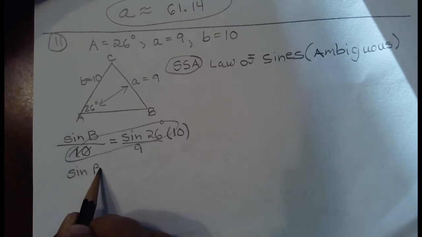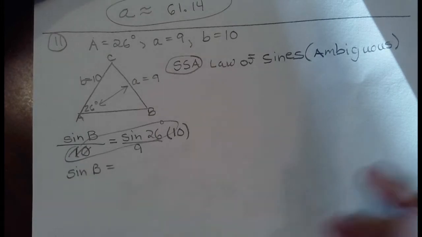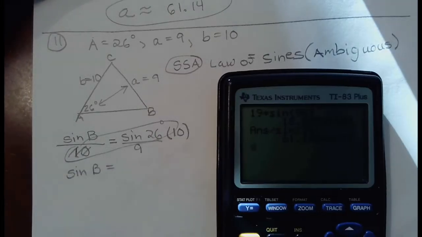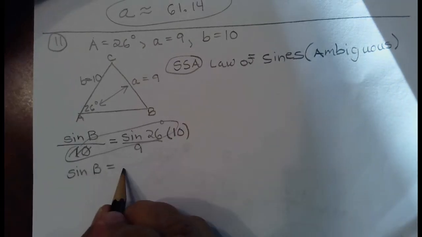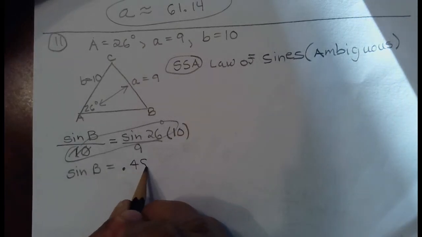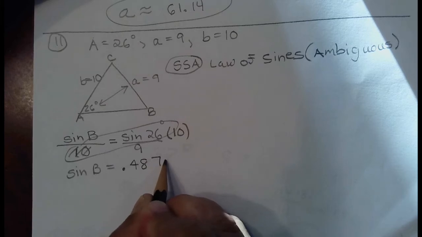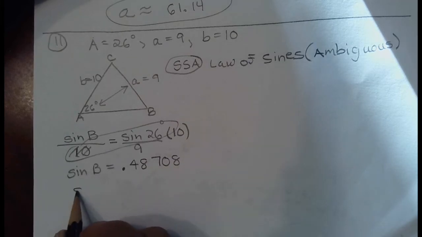So now let me get a decimal for all of this. That'll be sine of 26 degrees times 10 in my numerator divided by 9. So I have 0.48708 approximately, although I can get a more exact answer.